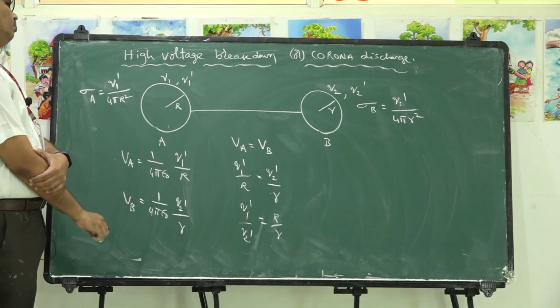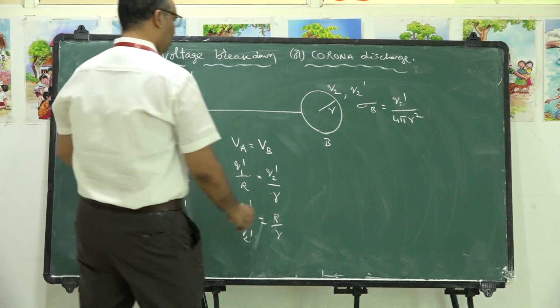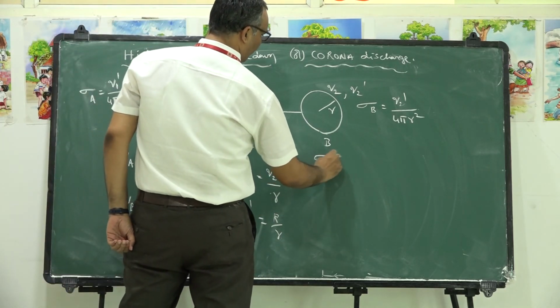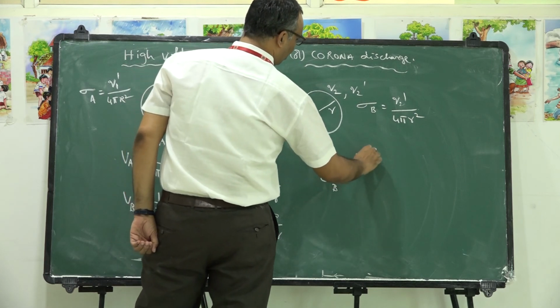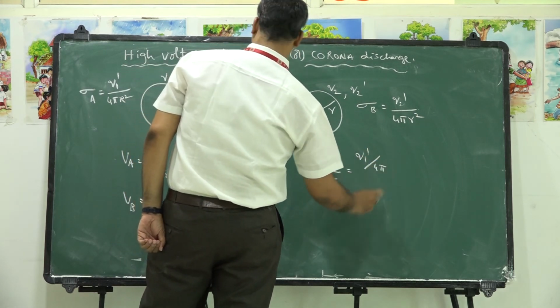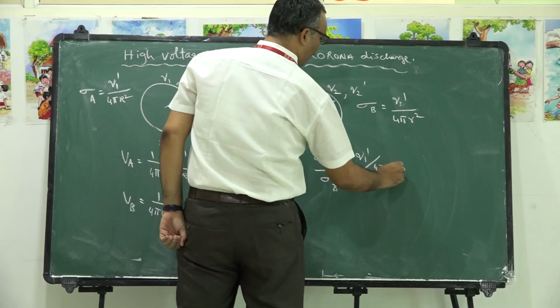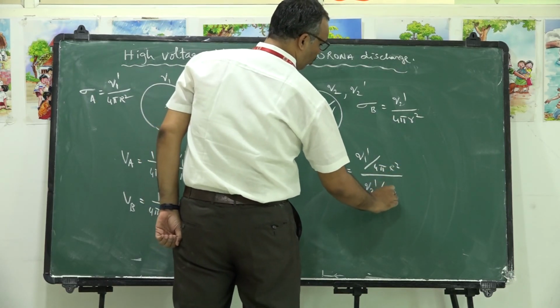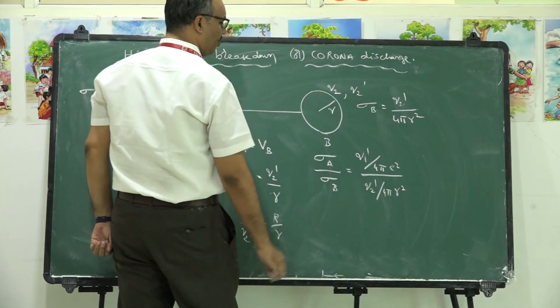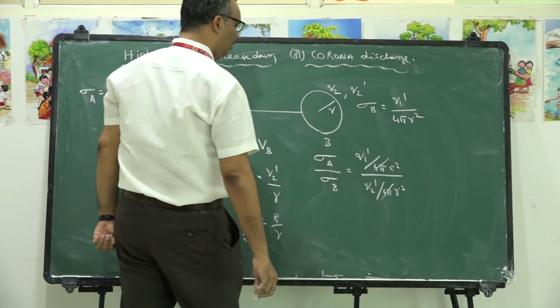Q2 dash by 4 pi small r square. So if I take sigma A by sigma B, that is nothing but Q1 dash by 4 pi capital R square by Q2 dash by 4 pi small r square. 4 pi gets cancelled.